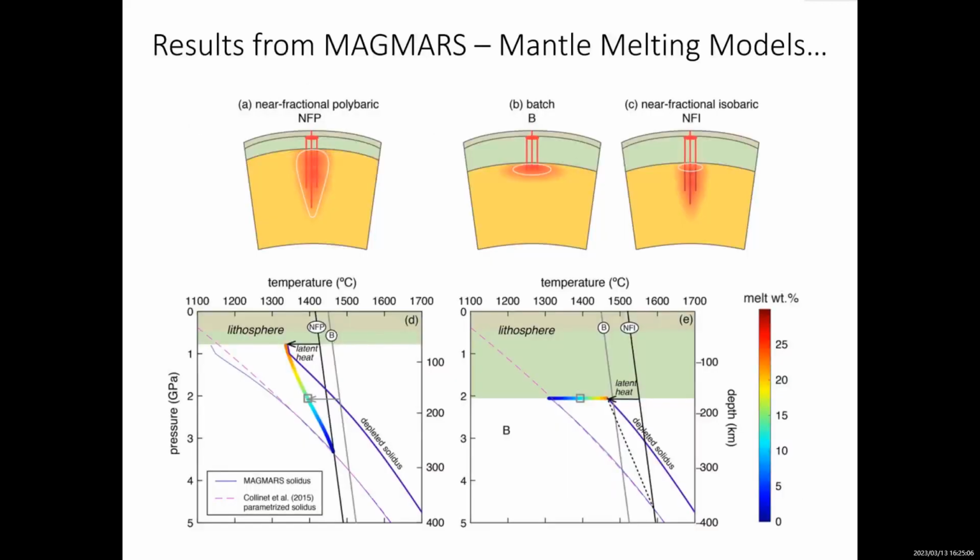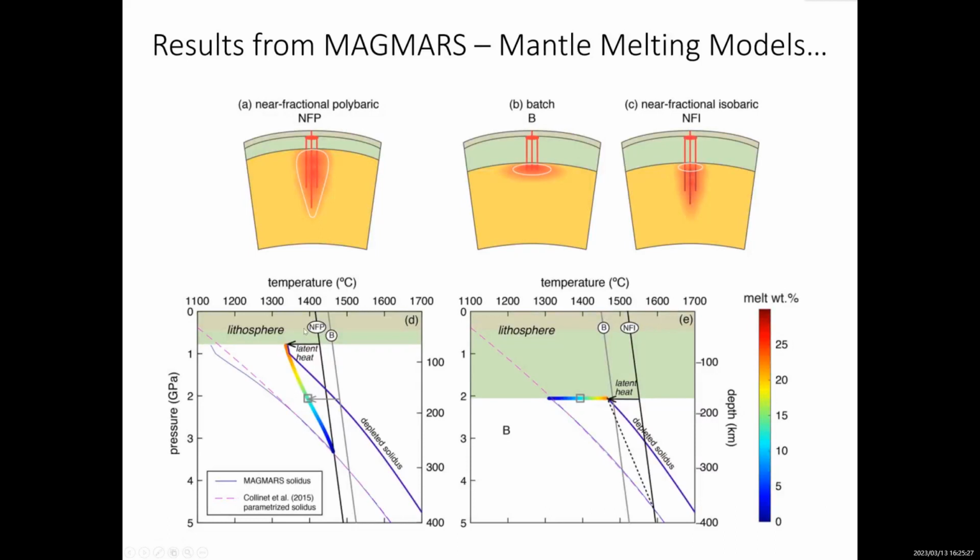So now let's go back to look at this. They have 3 different situations. In figure D, I think there's a near-fractional polybaric melting. So here, the Martian basalt, they're showing here NFP, that's near fractional polybaric.